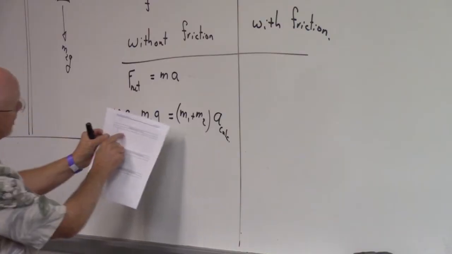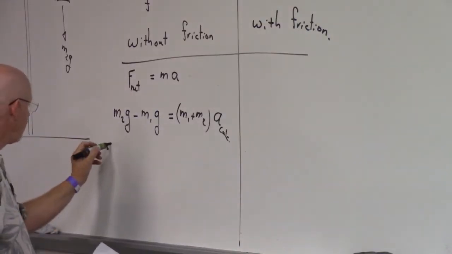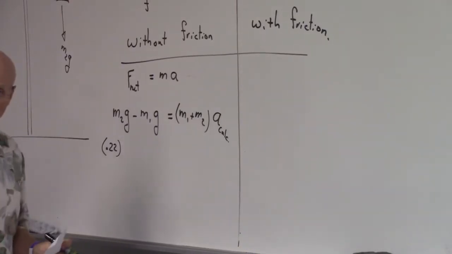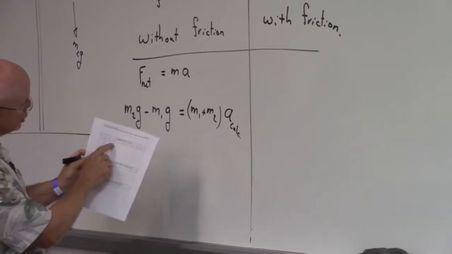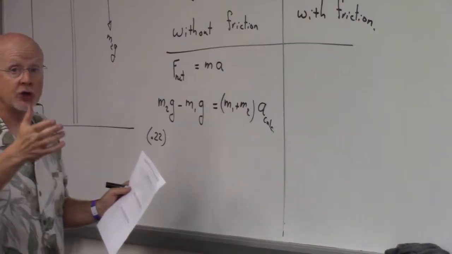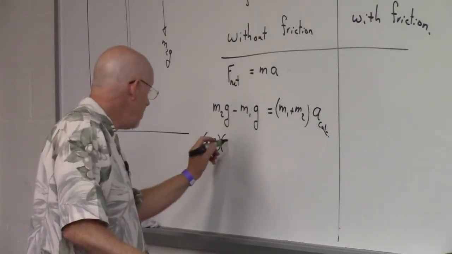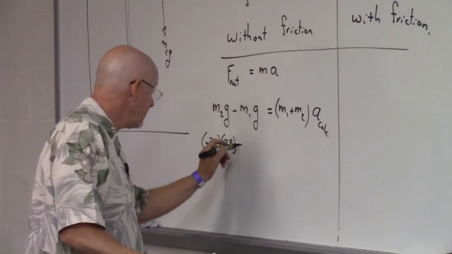Looking at my chart, M2 would be 0.22 because it says 220 grams, which translates into 0.22 kilograms. G is 9.8.